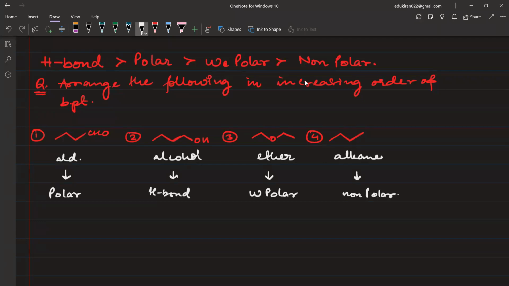Once you have got this, it is very easy to write the order. So the second one is highest because it is hydrogen bonding, then the polar, that is the first one, then the weakly polar, that is the third one, and then the non-polar, that is the fourth. Please write this down.